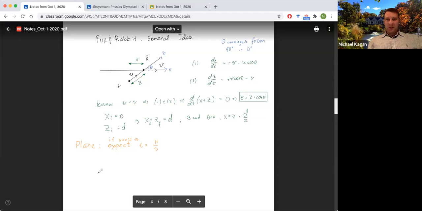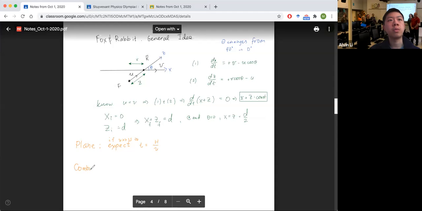You look at this problem, you see some variables that you can get rid of. Let's do it and then see what we can do next. So folks, what combination will do that? V times 1 plus u times 2.